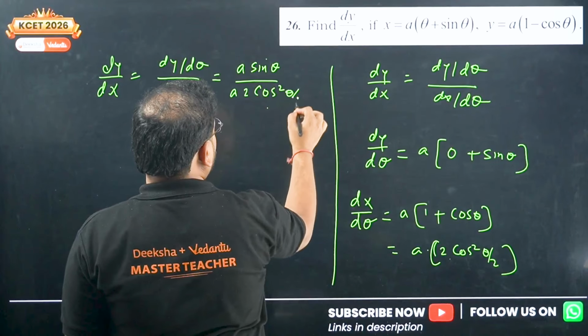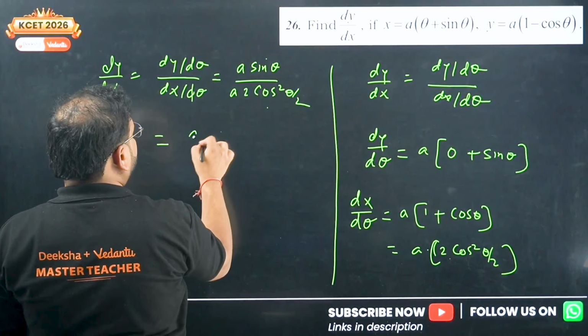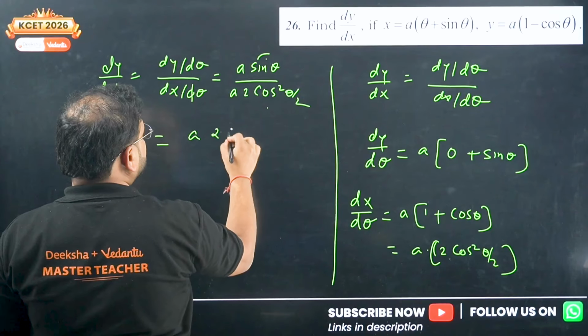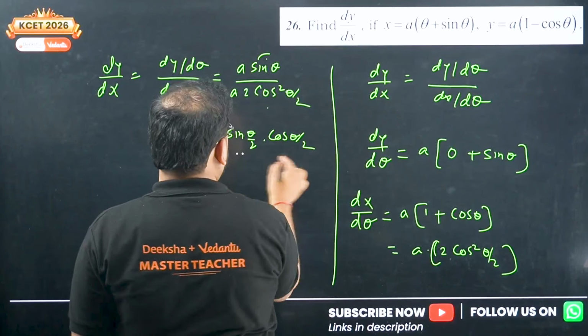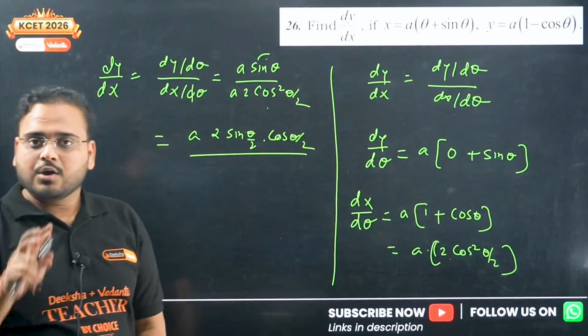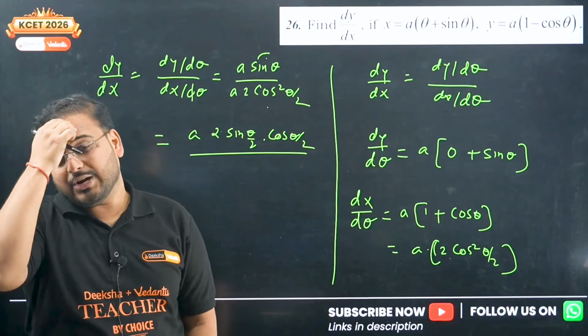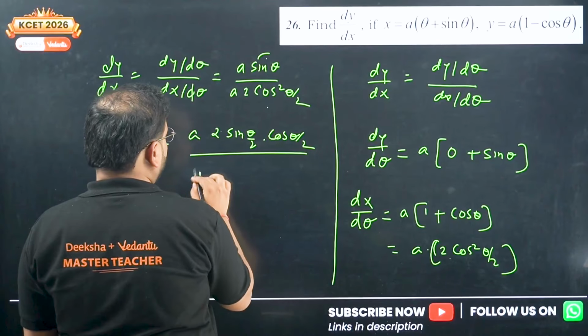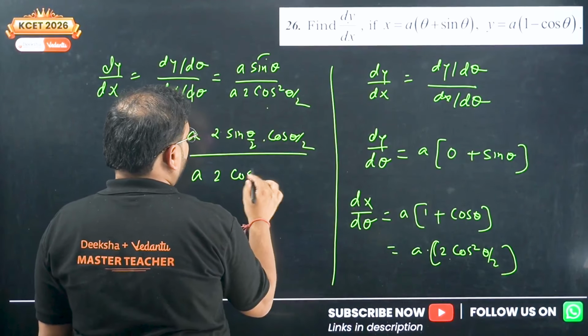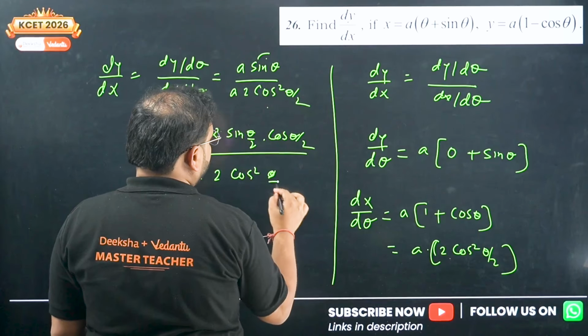Cos square theta by 2. One more step, check here. Value of sine theta is what? 2 sine theta by 2 into cos theta by 2. Correct, no? Sin theta formula is there. If it is sin 2x, the formula is 2 sin x into cos x. Same we have here. A into 2 cos square theta by 2.